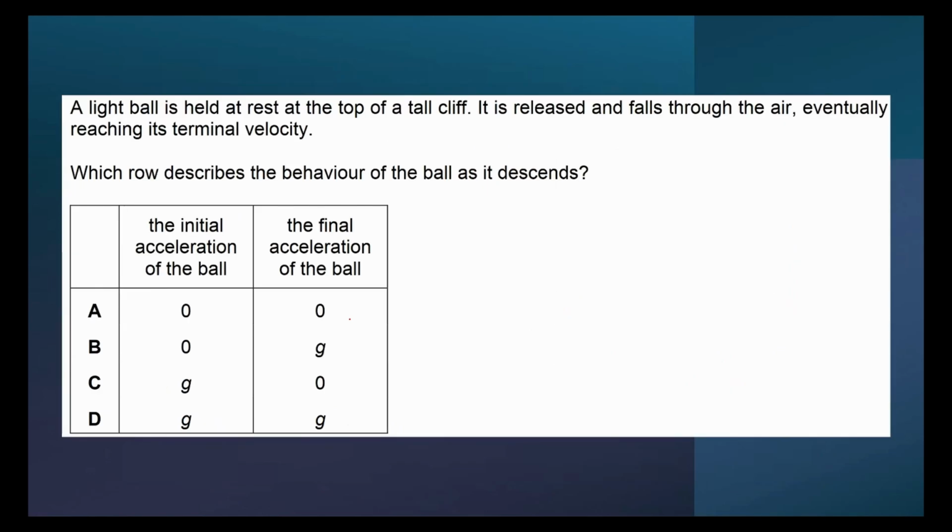Look at this one. Okay, read it well. And please look at this point and this point. Of course, at this one. What is the initial acceleration? In the beginning, it is moving at the acceleration of free fall.